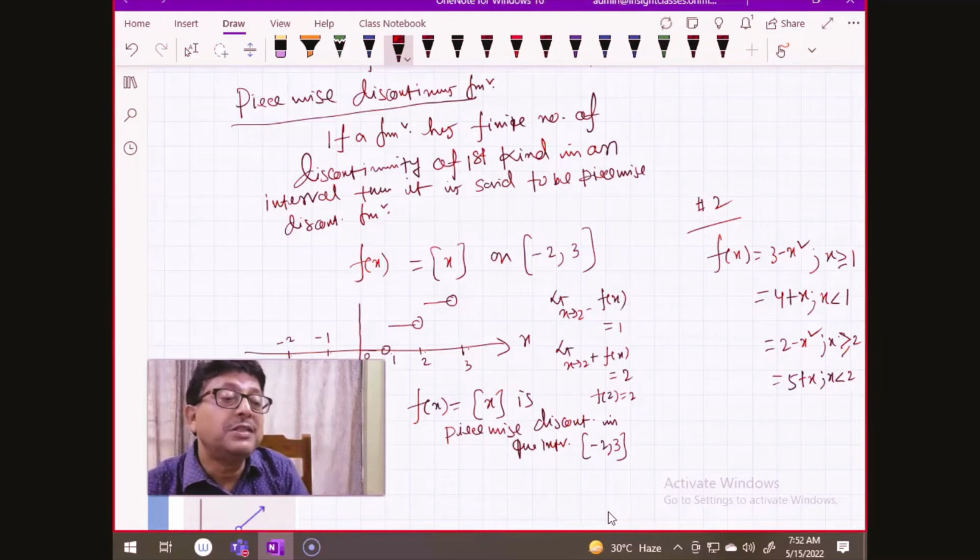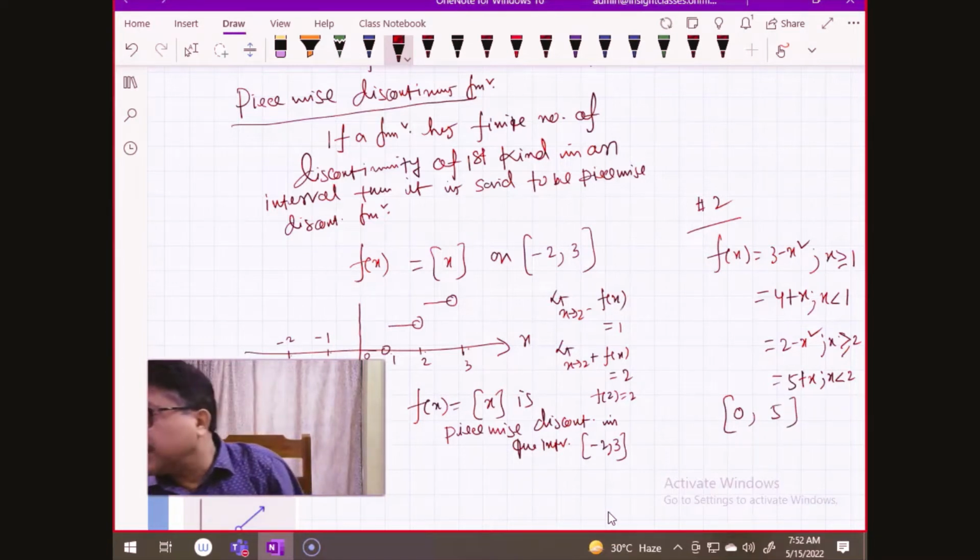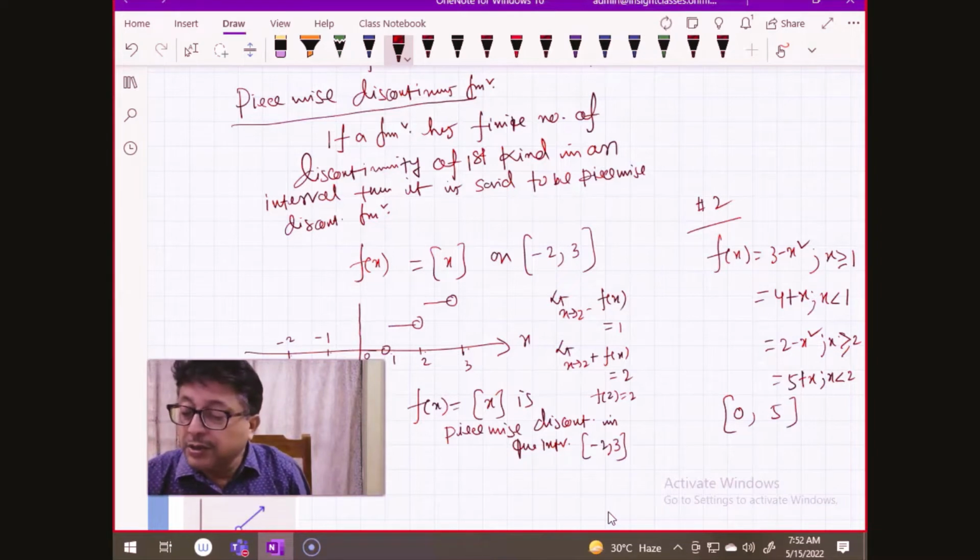Is it a piecewise discontinuous function over the interval, say 0 to 5? Yes, it is, because this function has discontinuity at the point x equal to 1 and x equal to 2.